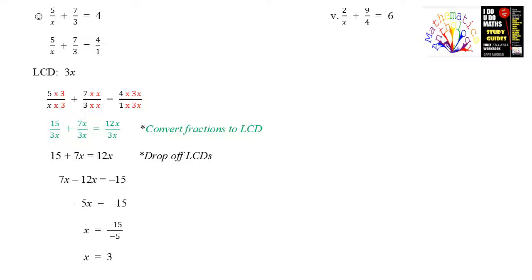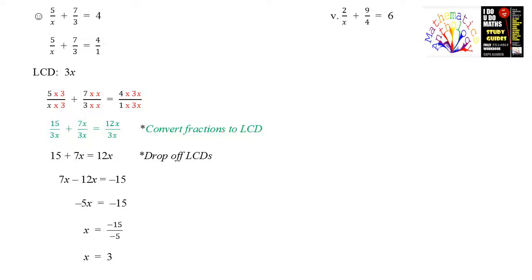Okay, if we're looking at fractions, I have here 5 over x plus 7 over 3 is equal to 4. Now if I want to solve for x here in a fraction type, I need to again find the LCD. But before I find the LCD, I need to ensure that all 3 fractions that are given here are in fraction form.